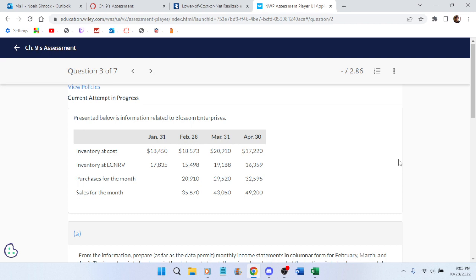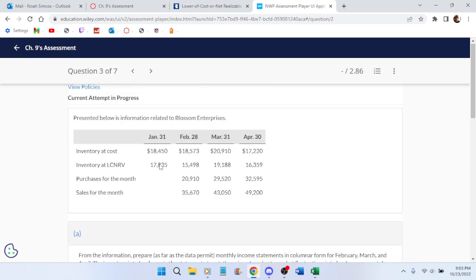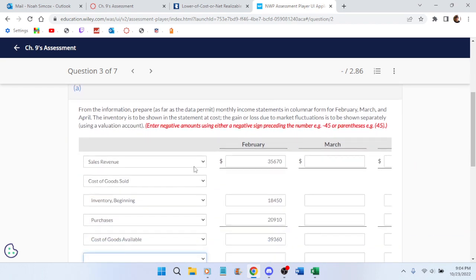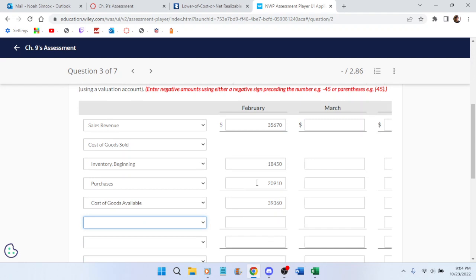Okay, we know our beginning inventory is the ending inventory of January. But we used the cost instead of this. Then we purchased an amount in February.